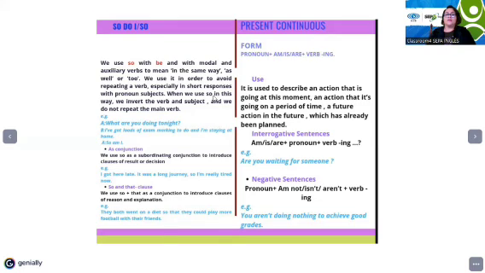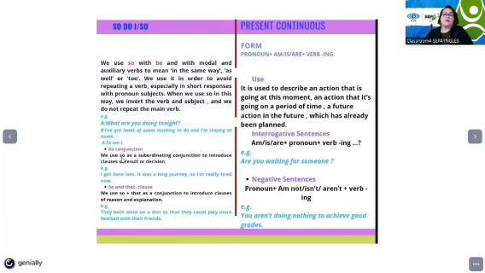When we use so in this way, we invert the verb and subject, and we do not repeat the main verb. What are you doing tonight? I've got lots of exam marking to do and I'm staying at home. So am I.